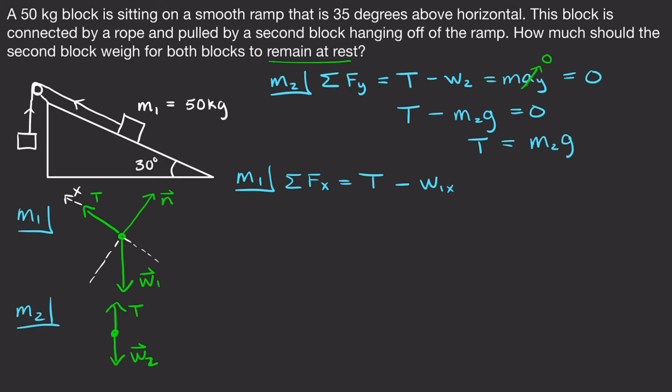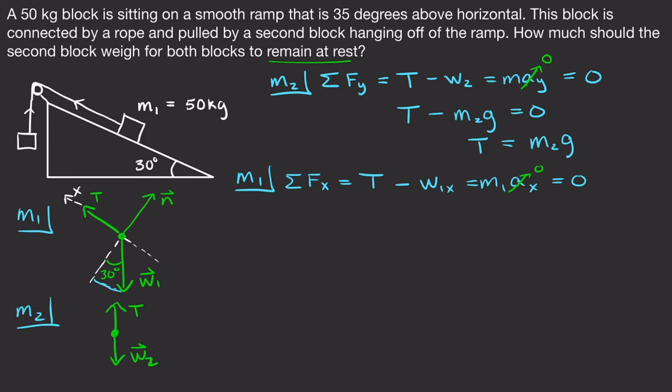Okay, so I'll put my 30-degree angle here. Okay, and this is going to equal the mass of the first block times acceleration in the x direction. But again, since it's remaining at rest, that's going to be 0.